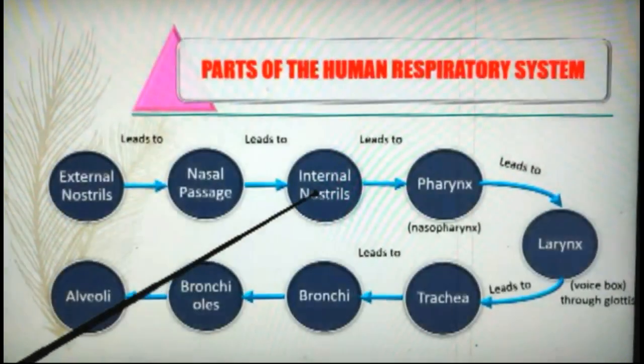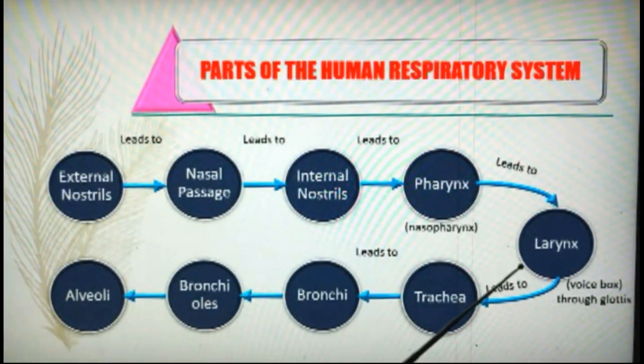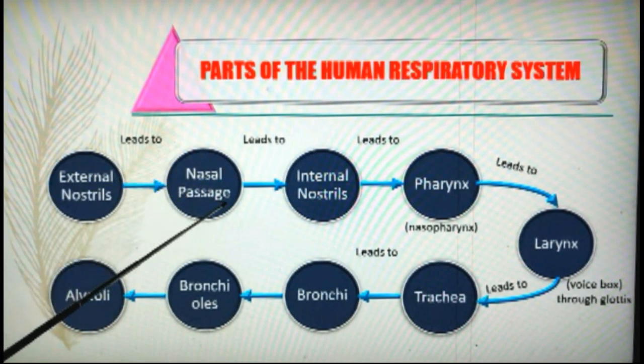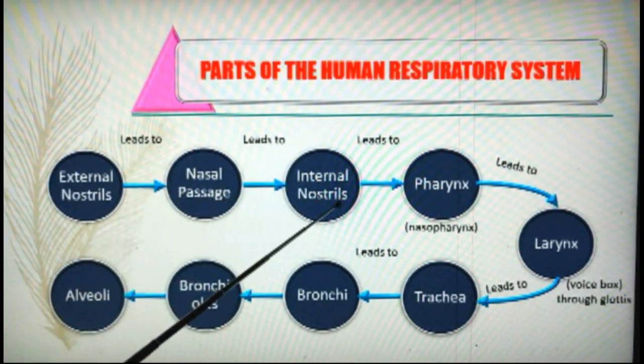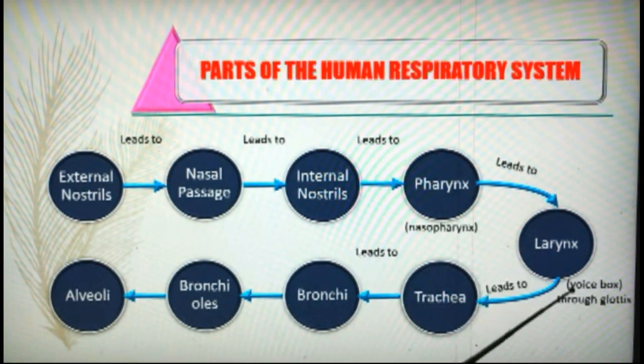We can note down the schematic representation of the parts of the human respiratory system. They are the external nostrils, which lead to the nasal passage. Next, the internal nostrils. Next is the pharynx, which leads to the larynx, otherwise known as the voice box.